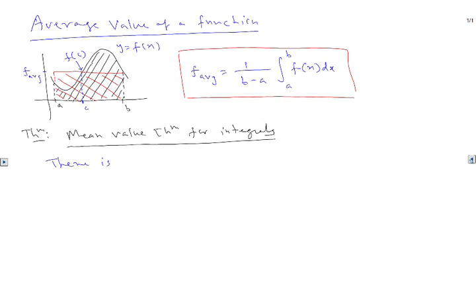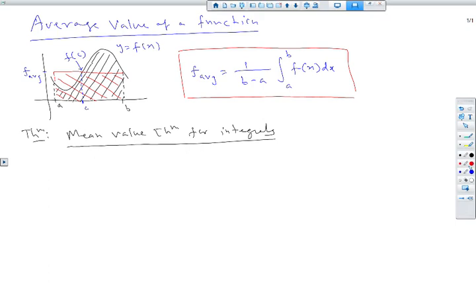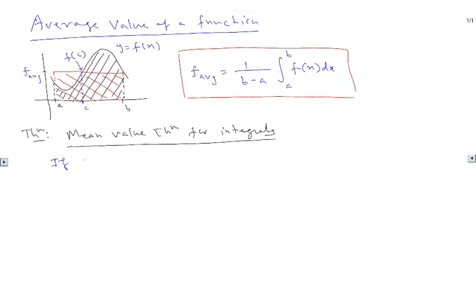So I'm going to write it like that. What is the condition? The condition is that f is continuous. Then there is a value c in [a, b] such that f(c) is exactly equal to the average value of the function, or the integral that we just discussed.